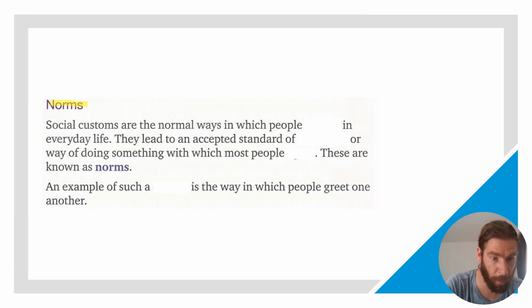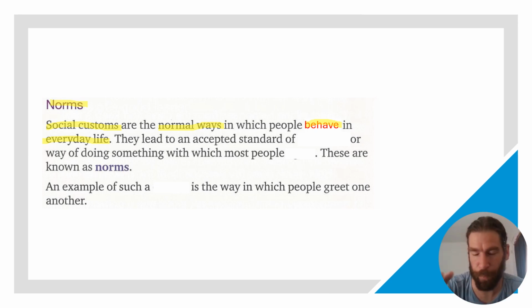So social customs, costumbernan social, are the normal ways in which people behave. So we're again talking about behavior in everyday life. Social customs are the normal way in which people behave during daily life.